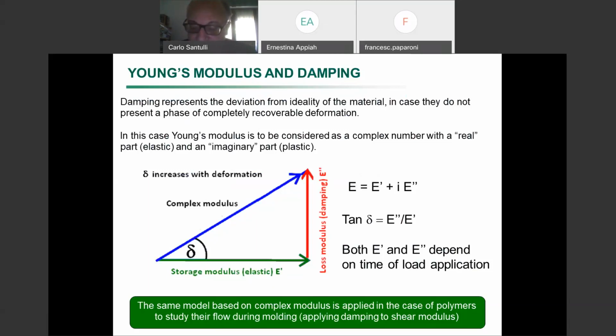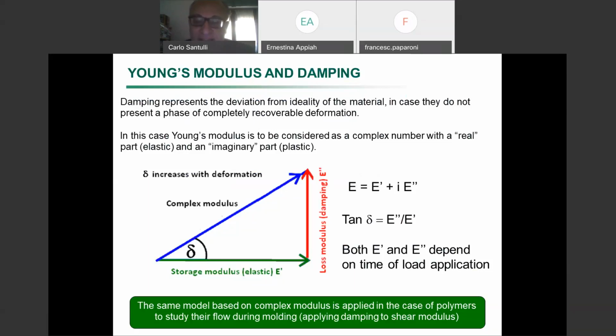If you remember that, you may also remember that if you want to get the ratio between the two sides of this triangle, so between E2 and E1, you measure the tangent of that delta angle.